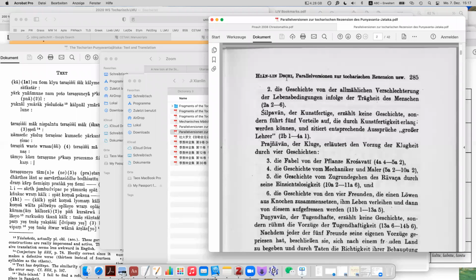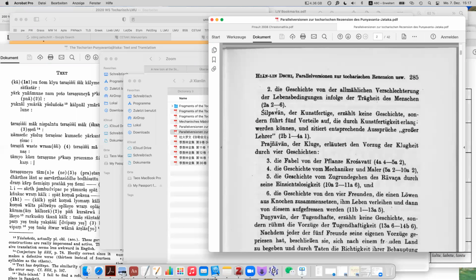The first 2 stories are told by Viryavan. The third one did not tell a story, but quotes the speech by masters, with 5 verses about the advantages of skills.